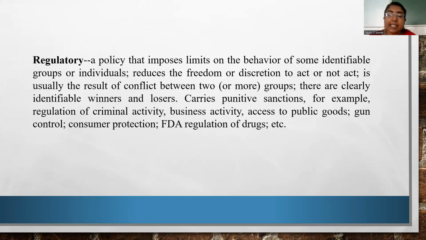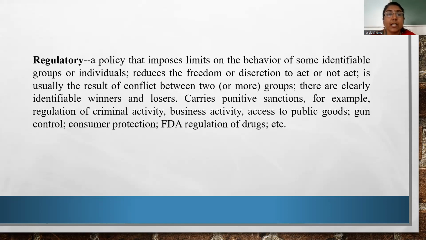This is the second kind of public policy, which is totally different from the substantive public policy. A regulatory public policy imposes limits on the behavior of some identifiable groups or individuals, which reduces the freedom to act or not to act.